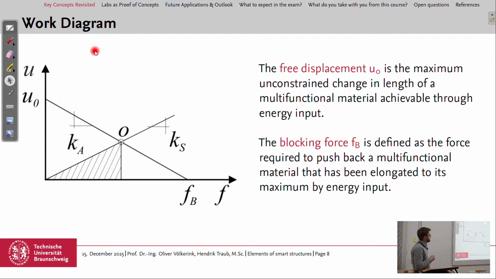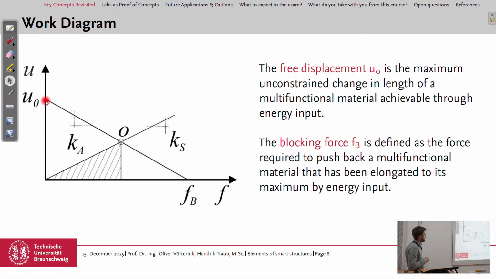Then we introduced the work diagram, where we can find also our two key parameters, the free displacement here, which is the maximum unconstrained change in length of a multifunctional material achievable through energy input. Unconstrained, so we have no force applied, therefore we are here on the x-axis.